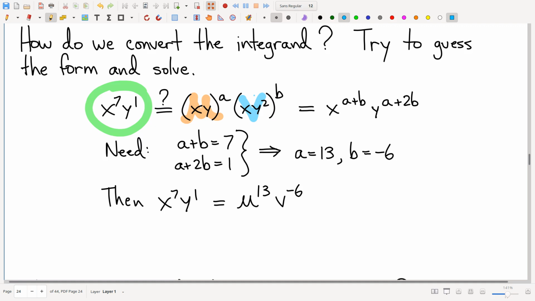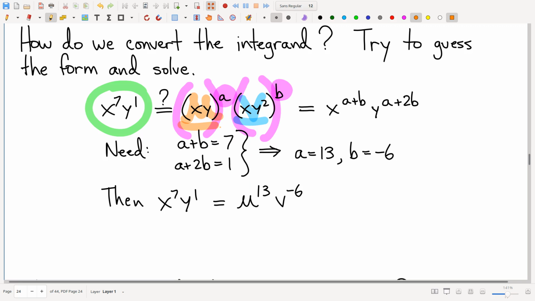And I propose that a reasonable guess would be to take a product of powers of my given products of powers, because I do know that will produce at least some sort of a product of powers, and I can hope to fiddle with those numbers a and b to get the needed product of powers.